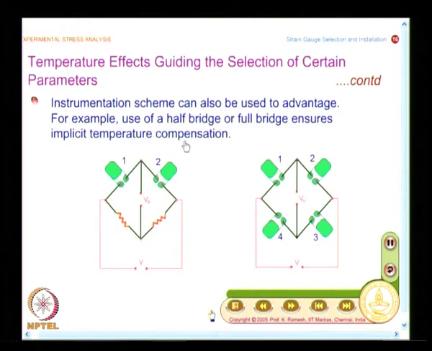A similar advantage you also have in transducer applications, where one invariably uses a full bridge configuration. So, the advantage is that you maximize the signal 4 times and also have intrinsic temperature compensation.